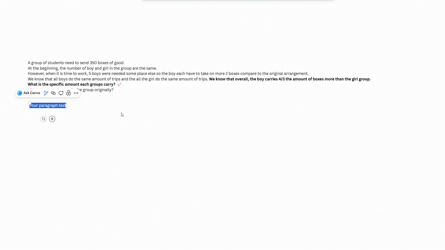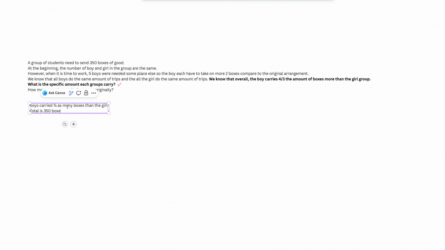The important reason is the boys. The boys carry 3/4 as many boxes as the girls, but we know that together they carry 350 boxes. So the total is 350 boxes.